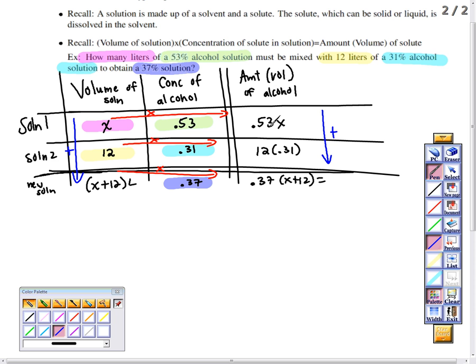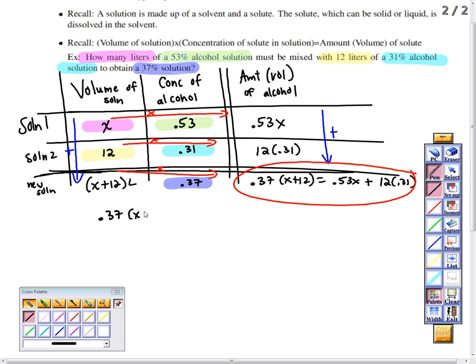If there's 0.53x liters of alcohol in the first solution and I add 12 times 0.31 more liters, then my new volume will be the sum of those. So I can add this and get 0.53x plus 12 times 0.31. This is my equation that I'm going to solve: 0.37 times x plus 12 equals 0.53x plus 12 times 0.31.